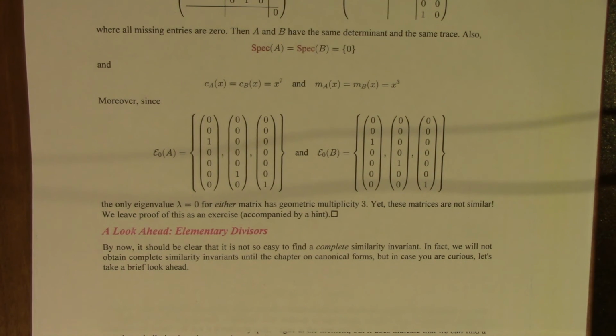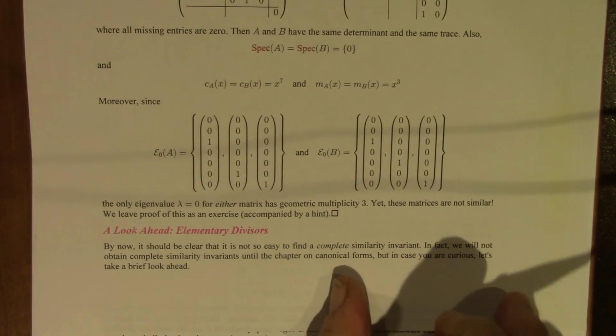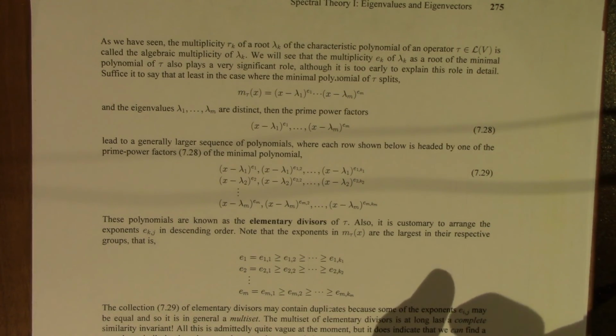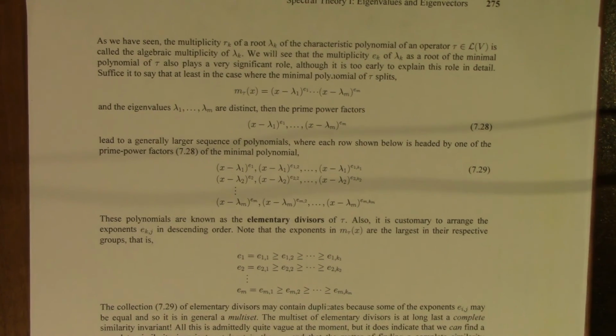But in case you're curious and you can't stand the suspense, I will say a few things about it. I will show you, in very general terms, a complete similarity invariant.